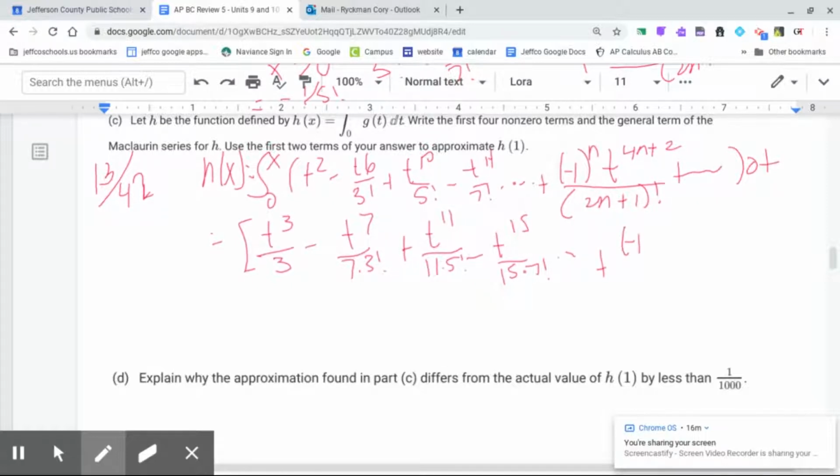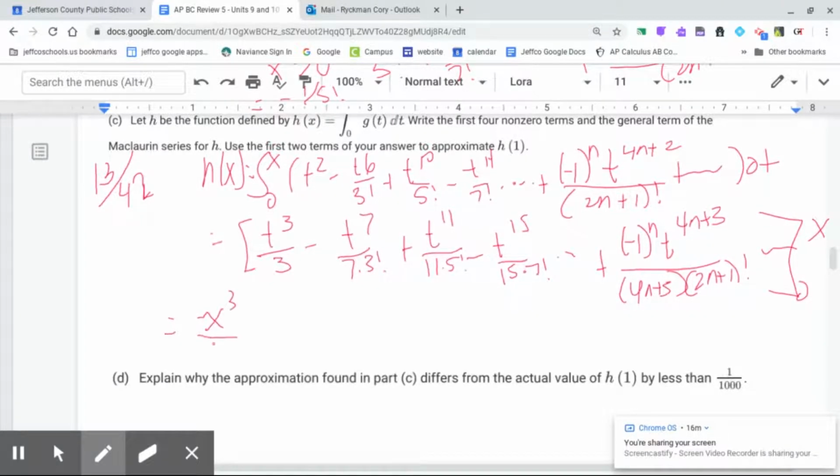And generally speaking, negative 1 to the n, t to the 4n plus 2 plus 1, so 4n plus 3, divided by that new 4n plus 3 times 2n plus 1 factorial, evaluated from 0 to x. When I throw in x, I get x cubed over 3 minus x to the 7th over 7 times 3 factorial plus x to the 11th over 11 times 5 factorial minus x to the 15th over 15 times 7 factorial, and so on.